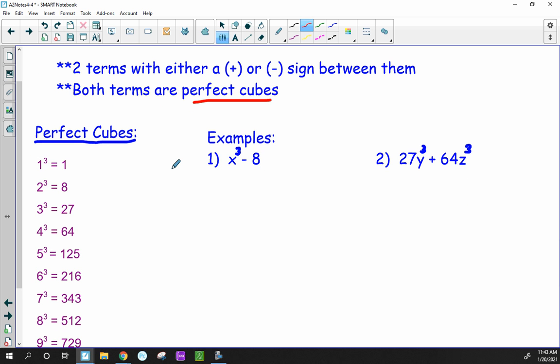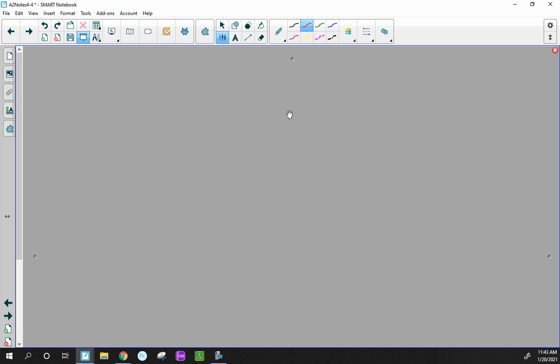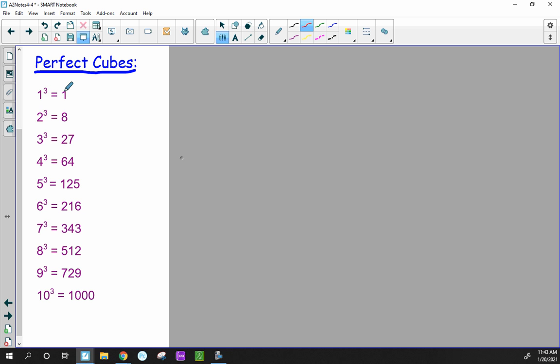And so what you'll need to do in your notes is make yourself a list of these. Perfect cube numbers are numbers like 1 to the third, 1; 2 to the third, 2 times 2 times 2, which is 8; 3 to the third, 3 times 3 times 3, 27; 4 to the third is 64; 5 to the third is 125; 6 to the third is 216; 7 to the third is 343; 8 to the third is 512; 9 to the third is 729; 10 to the third is 1000.